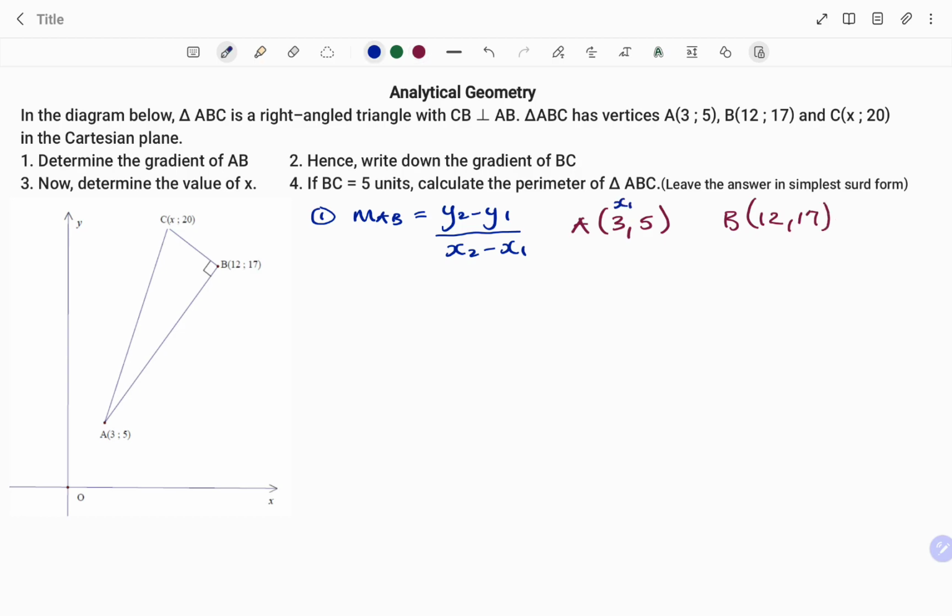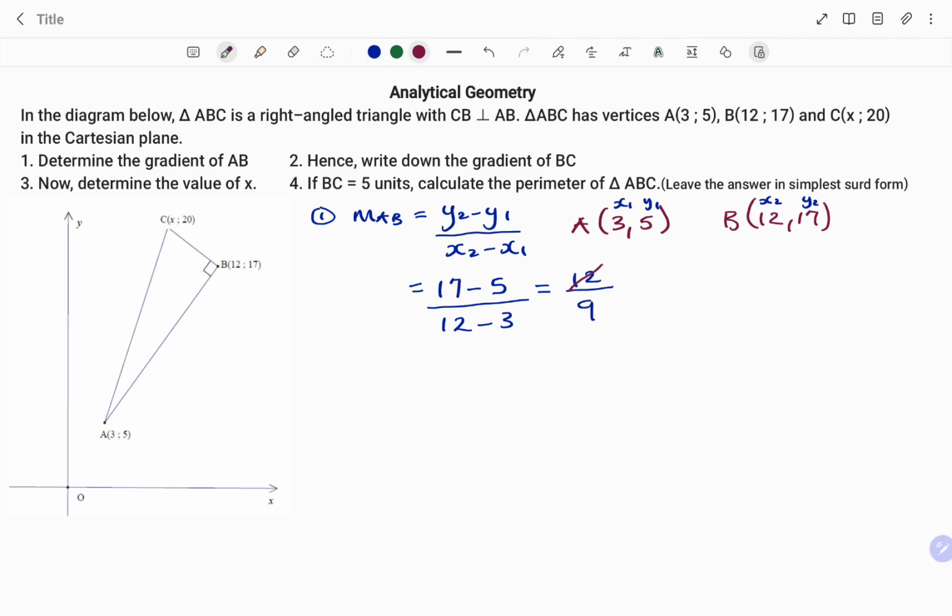Tagging my points as x1, y1, x2, and y2, and slotting in the values, I have y2, 17, minus y1, 5, divided by 12 minus 3. 17 minus 5 is 12, over 12 minus 3, which is 9.